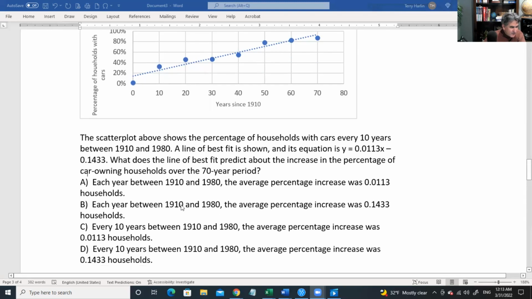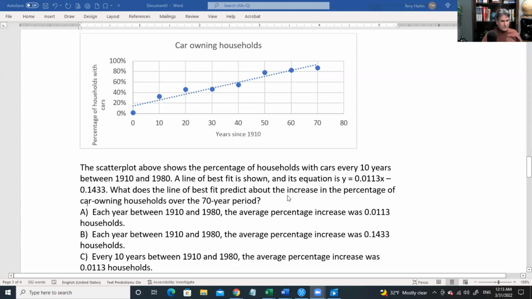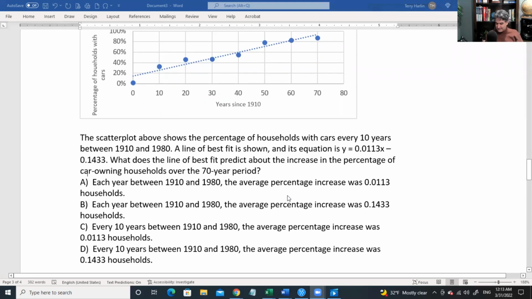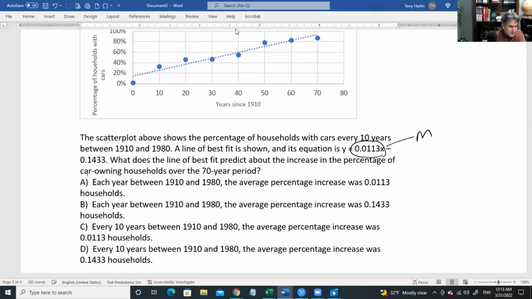essentially, all four of the answer choices are saying each year between 1910 and 1980, or every 10 years between 1910 and 1980, the average percentage increase was blank. Okay, so we know that the percent increase is going to be the rate of change, which is our slope right here.